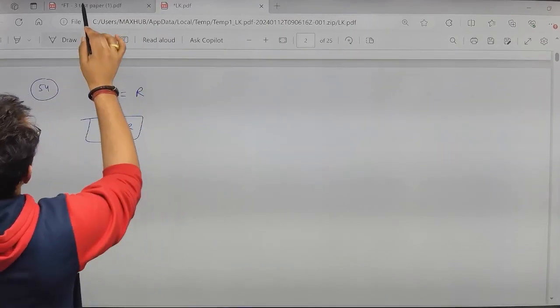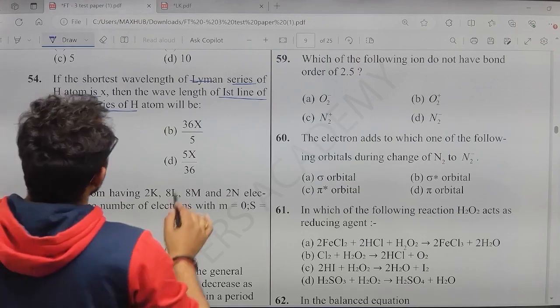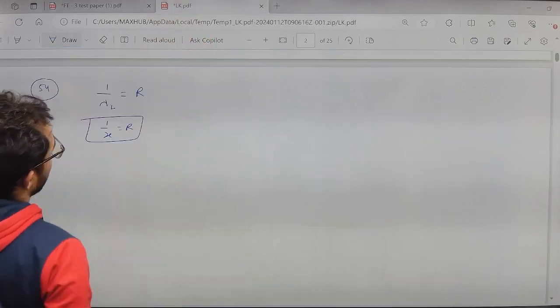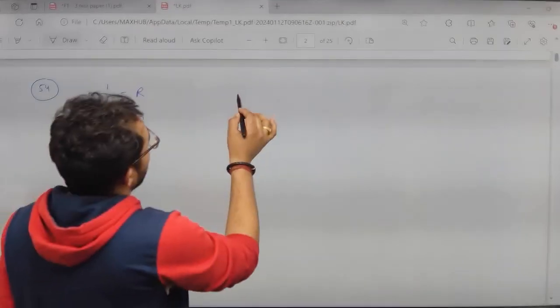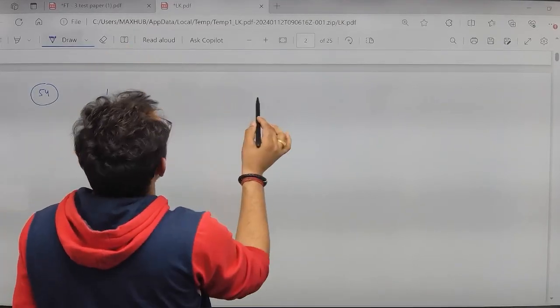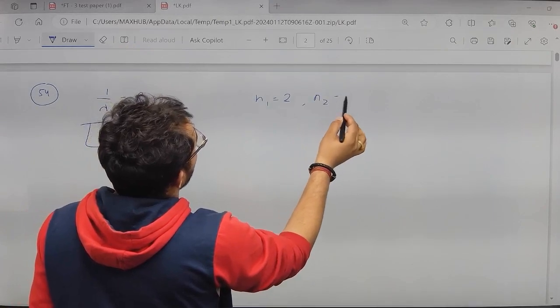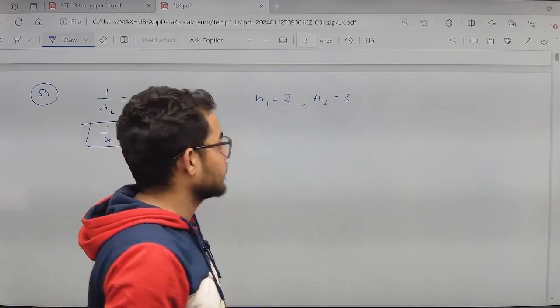Now the rest of the question is the wavelength of first line of Balmer series. Balmer series means n1 is equal to 2 and n2 is equal to 3 because it is the first line.